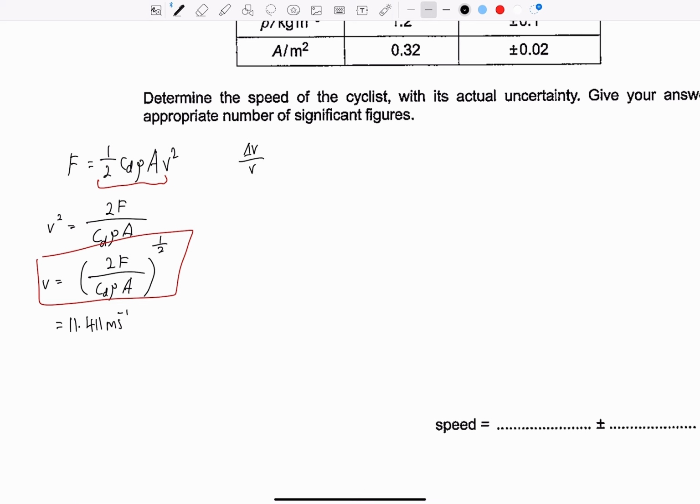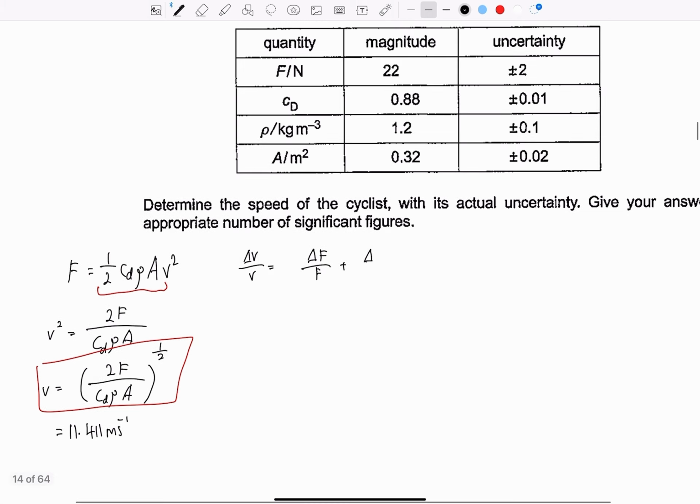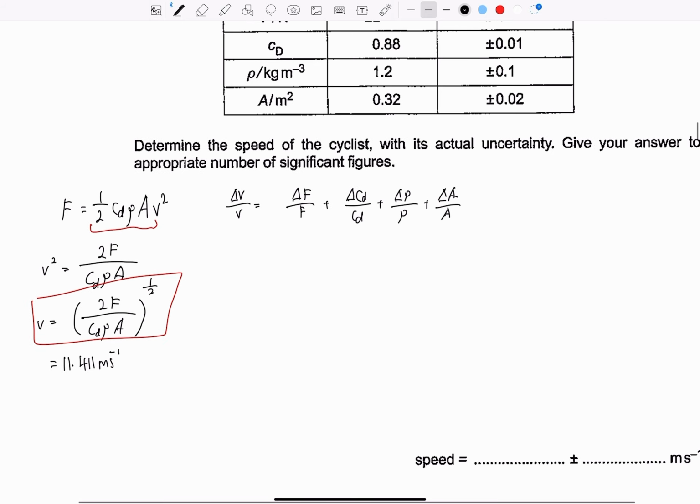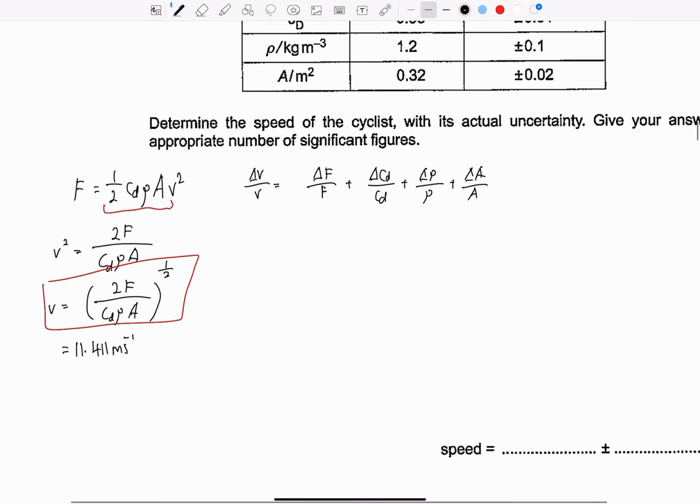Delta V over V is equal to delta F over F plus delta C over C plus delta A over A. Now, there's some things missing, as you might have guessed.